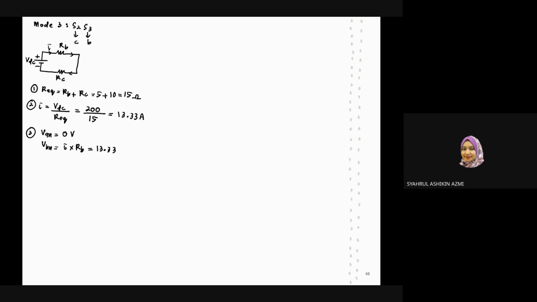So 13.33 multiplied with RB, which is 5.